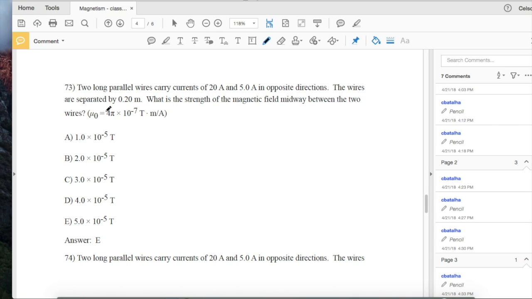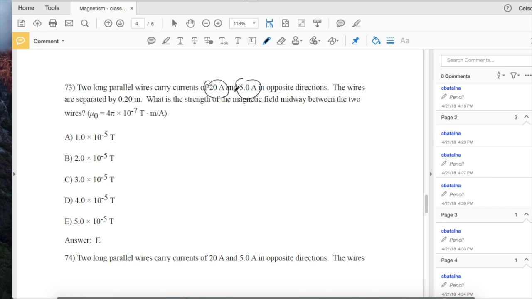Okay, so you have 2 long parallel wires carrying current 20 amps and 5 amps in opposite directions. So let's say you have a wire that's coming out of the screen, current 20 amps, and you have another one that goes opposite to that, current 5 amps. The wires are separated by 20 centimeters.